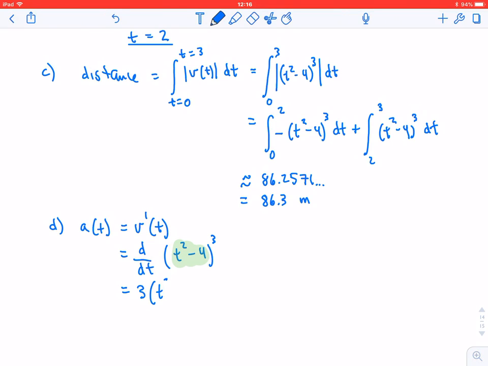So 3 times (t squared minus 4) to the second power. But this is a composite function, so we now need to multiply by the derivative of the inside, which is 2t. And we can just rearrange this to make it so that our answer looks like what the question states.